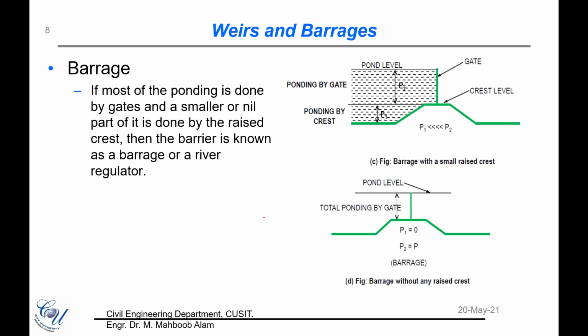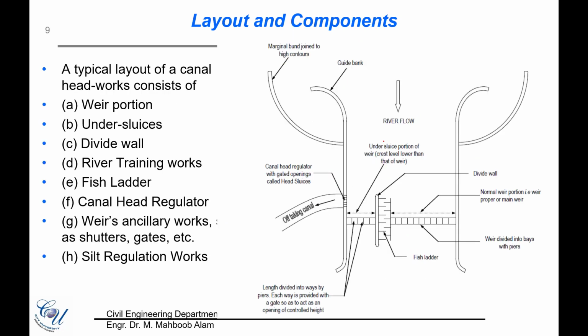So we are going into the parts of different hydraulic structures which are associated with the weirs and barrages. As we said earlier, the layout has to be considered or selected in a careful manner. The parts, or let's say the components of a particular diversion headworks, are the following.